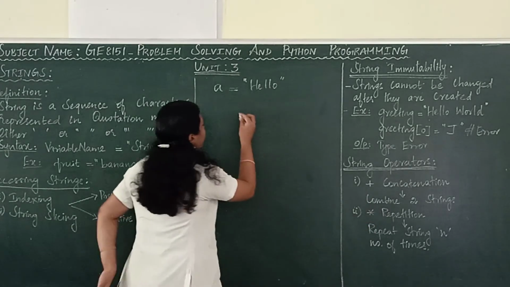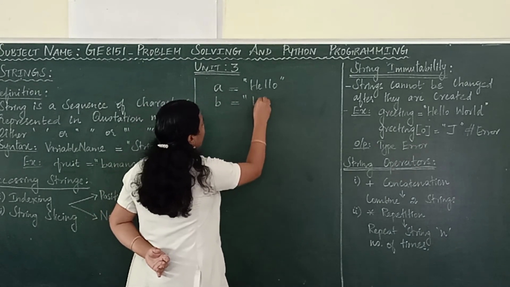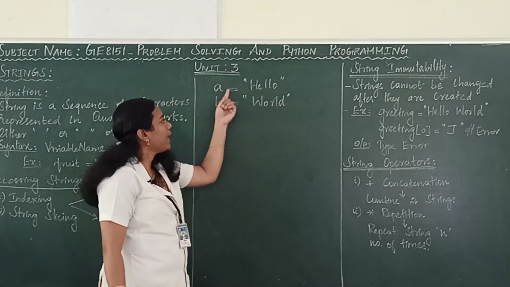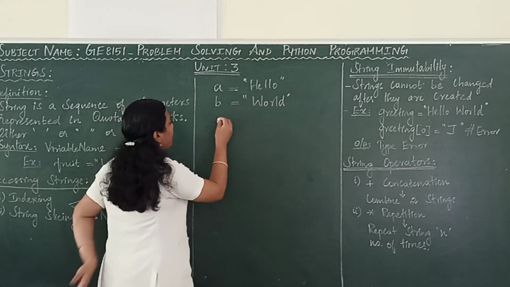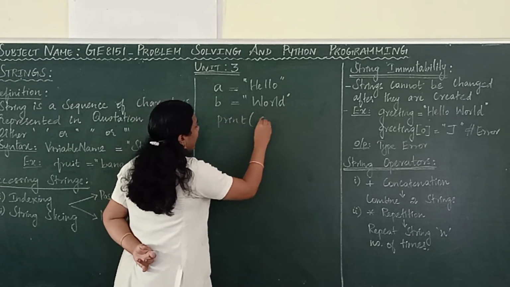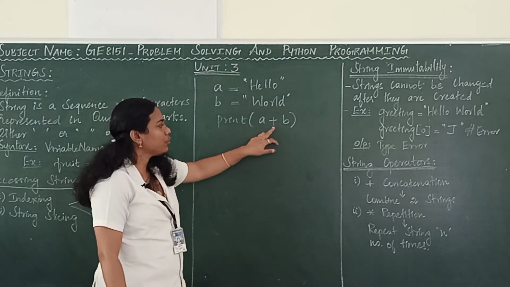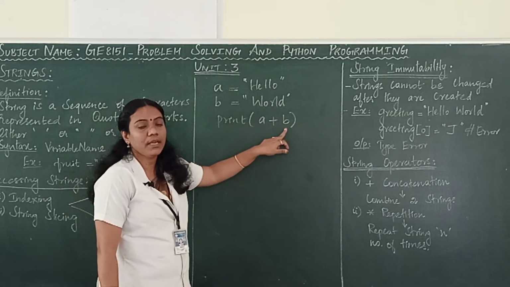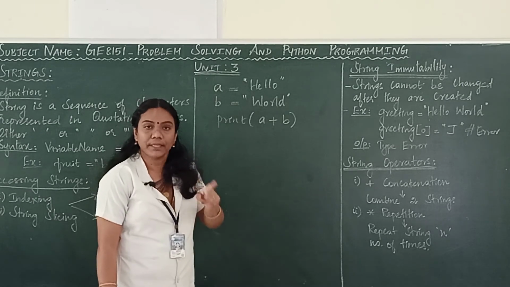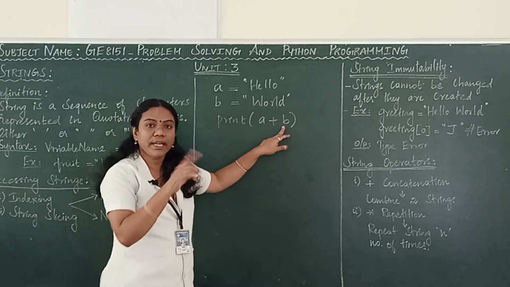For example, we have a string A, and another string B with hello world. Both A and B are strings. If I do print A plus B, the operator plus is used in between two variables, but A and B do not have integer or float values to do addition; both have string values.